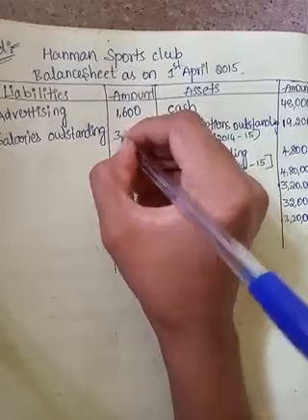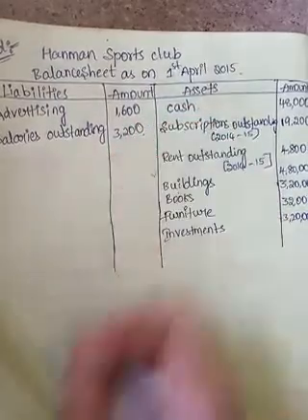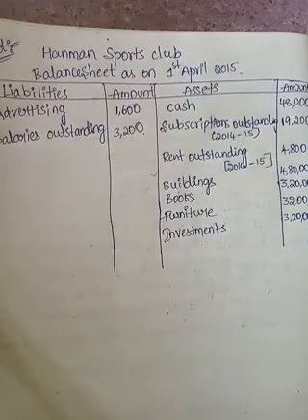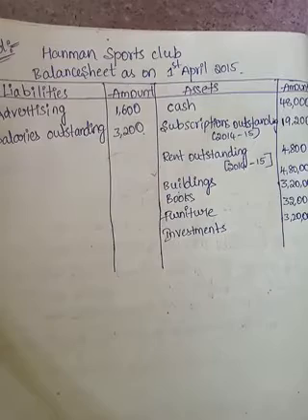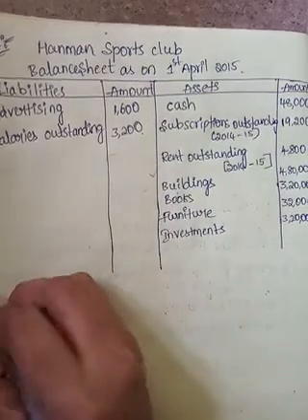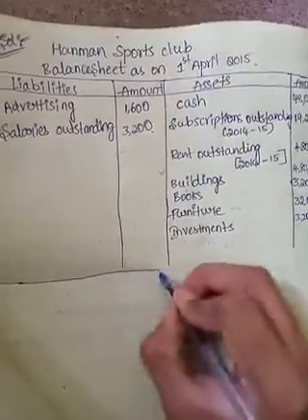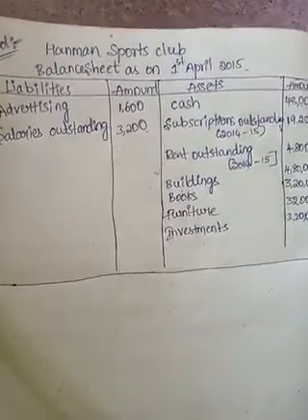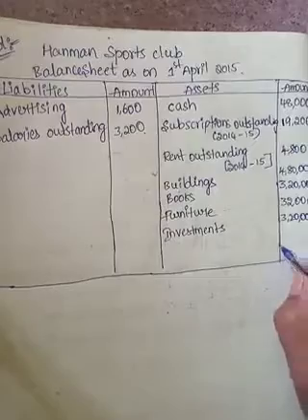Salaries outstanding is 3,200. So these two are the total of the liability side. Now we will find out the balancing figure. That balancing figure is known as a capital fund. How do we get the capital?